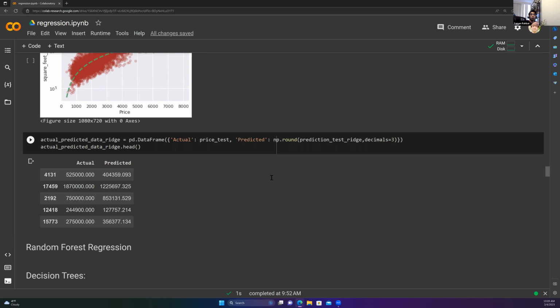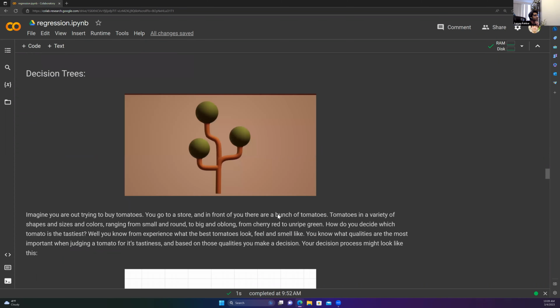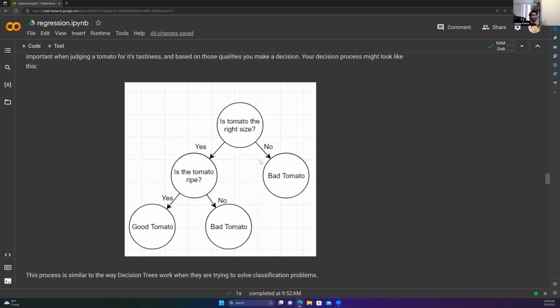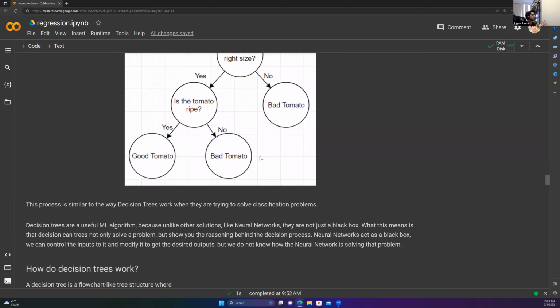Do I need 12,000? No. Do I need less? Yes. So see, you make different decisions based on different thresholds. So again, you can think about tomato as different attributes, different features of your data sets. So that's the whole concept of the decision trees.